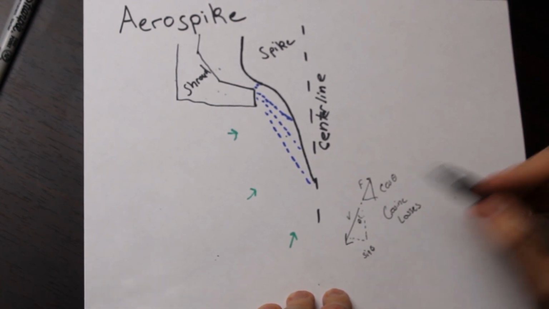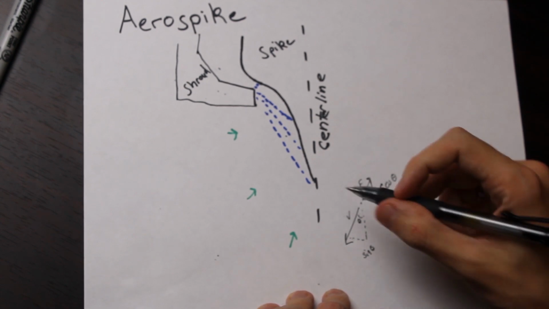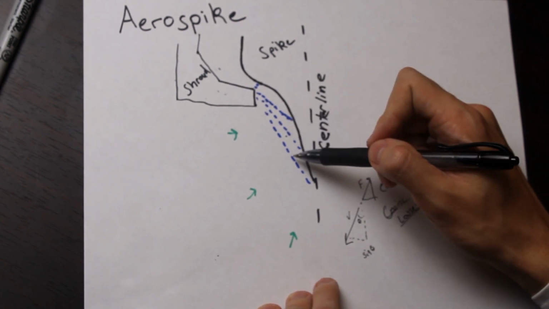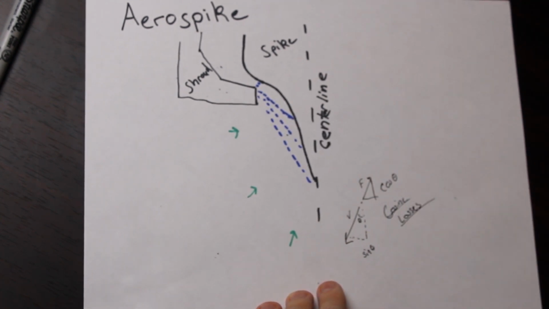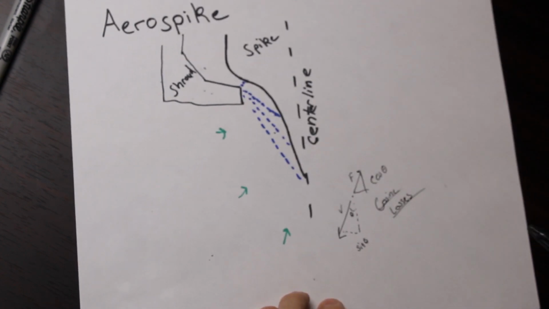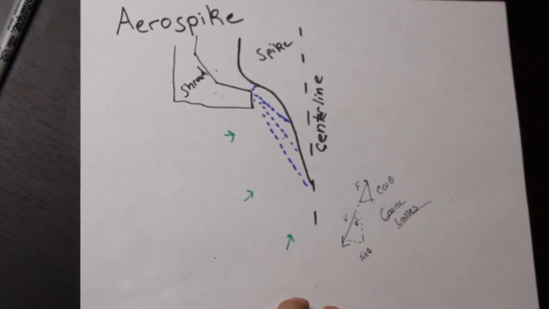So the way you avoid cosine losses is that the velocity of the gas when it leaves the spike needs to be in a straight downwards direction. And conveniently, we can actually figure this out because we know the Mach number. We know we want all the velocity to be directed in the axial direction at all pressures, otherwise we're wasting thrust pushing on our spike when instead we want to be pushing on the rocket.